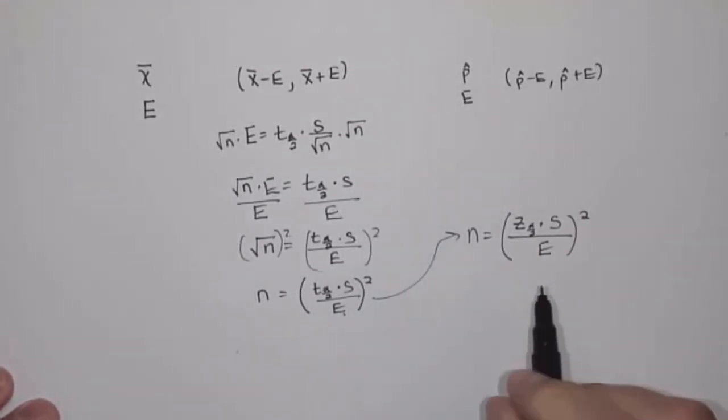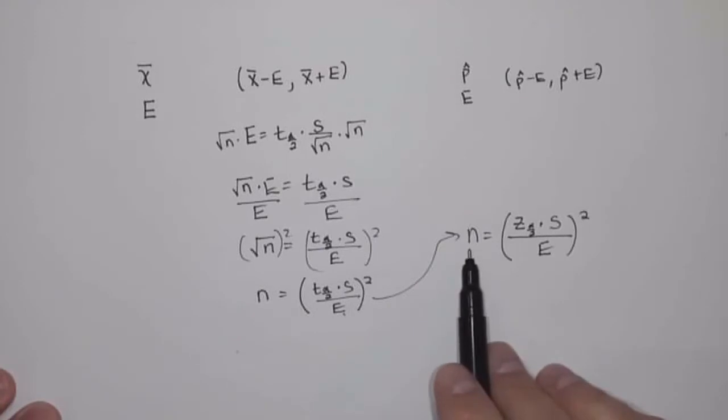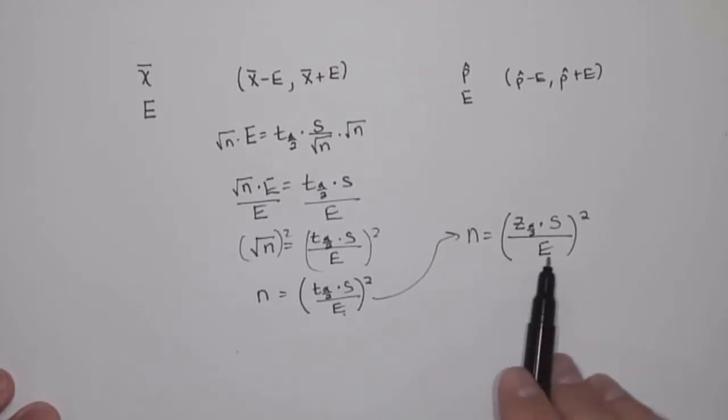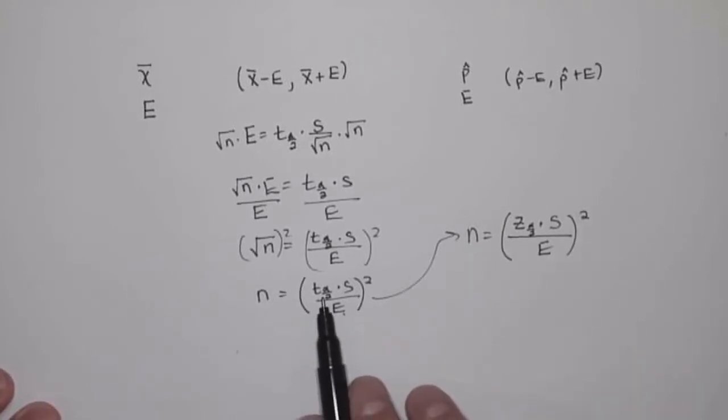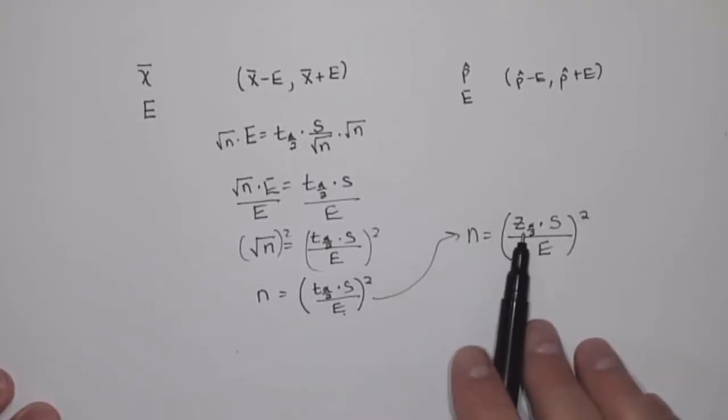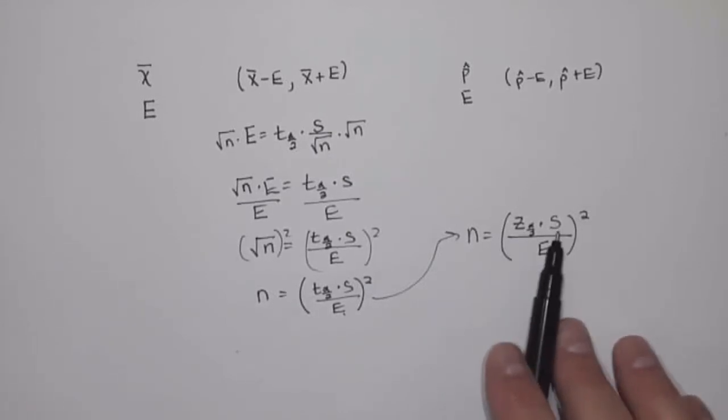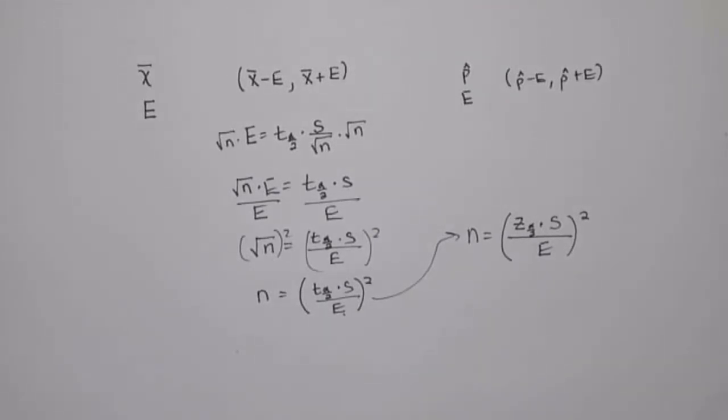This formula will give us the sample size that's needed in order to be within the prescribed margin of error. We're using the standard normal distribution to find the critical value, and if you'll remember, our t distribution approaches the standard normal distribution as the degrees of freedom increase, so that's a reasonable substitution. We do have to have a preliminary estimate for the standard deviation.